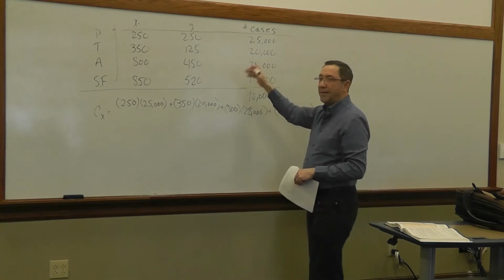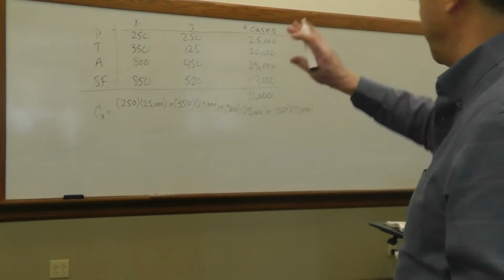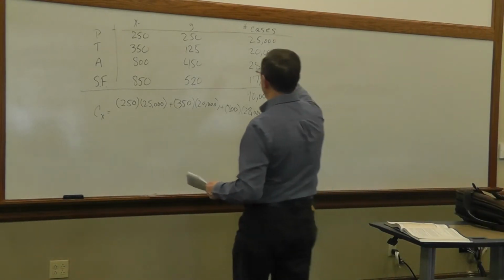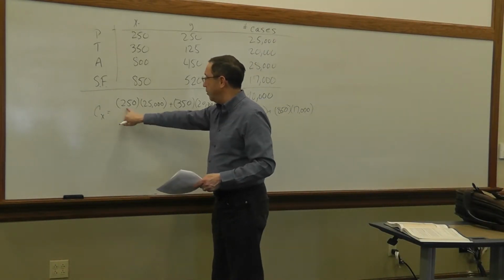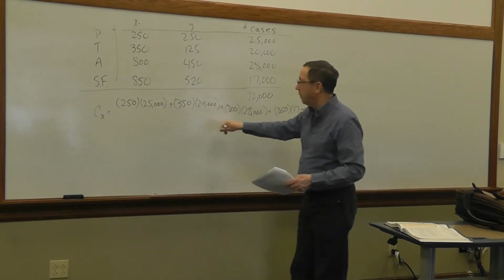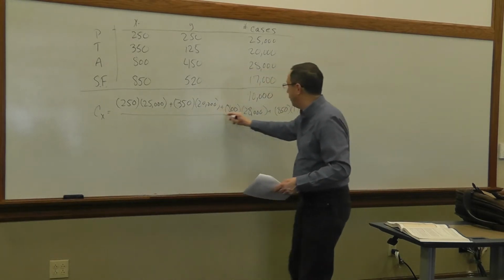If you see something like this on the exam, you can speed things up and knock off all the zeros. You could measure the volume in thousands, so you could do 250 times 25, 350 times 20, and then your denominator is the sum of all the volumes.